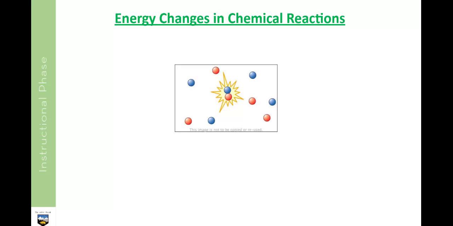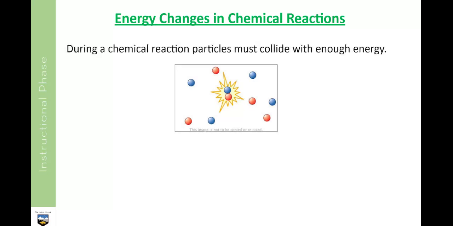If they don't hit with enough energy, they won't react. So we say that energy is the activation energy, the energy needed for the reaction to begin. So particles must collide with enough energy. That energy is called activation energy. It activates the reaction. It starts the reaction.